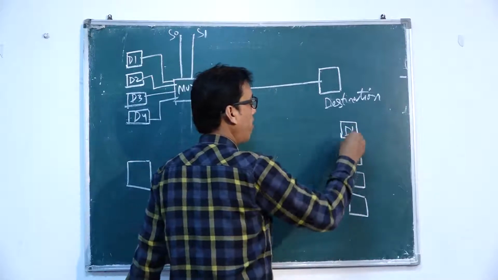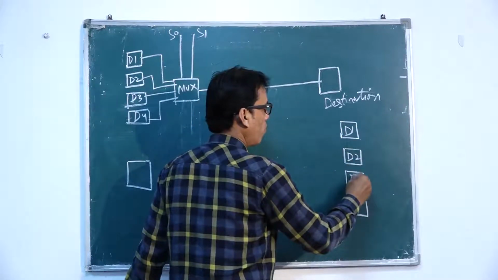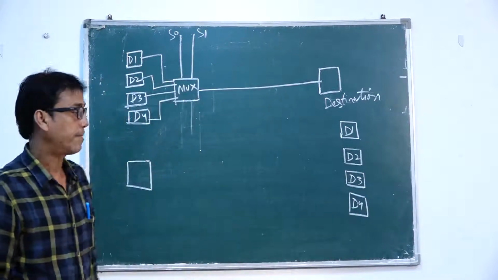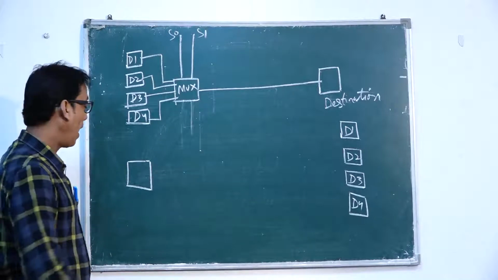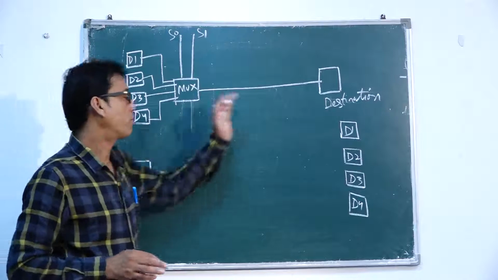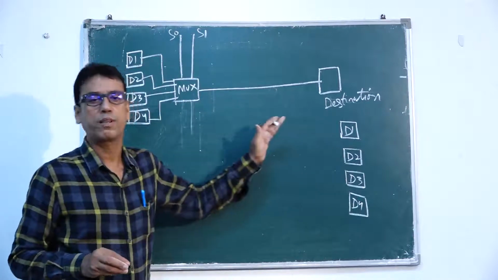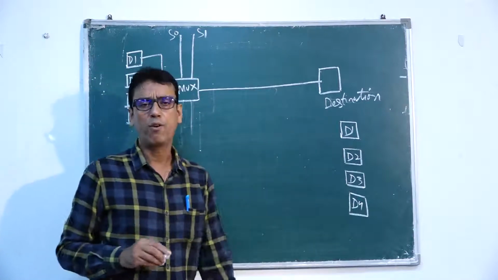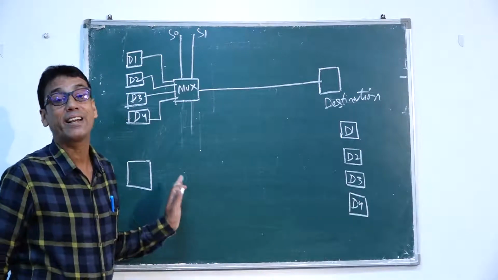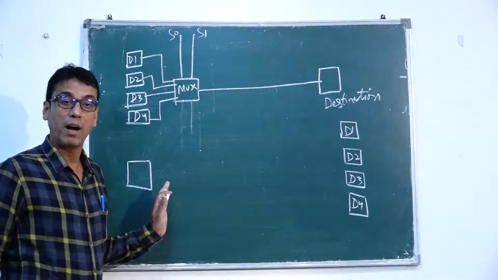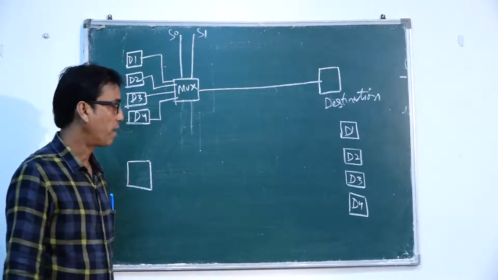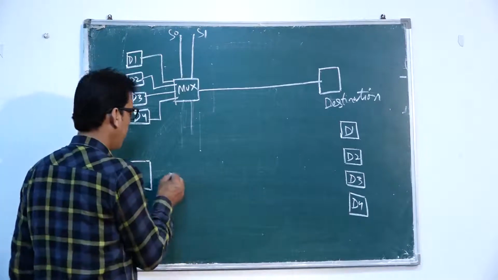This is D1, D2, D3, and D4. Often this device sends the data sometimes to D1, sometimes to D2, sometimes to D3, sometimes to D4. Again, this situation needs 4 separate data lines. But the demultiplexer helps the designer to get this work done using a single data line.